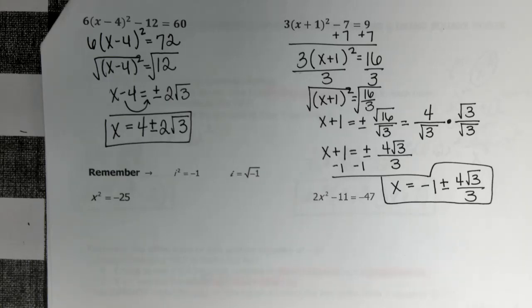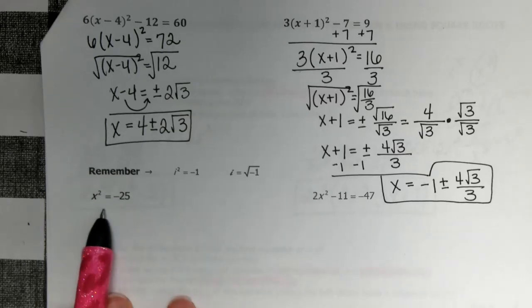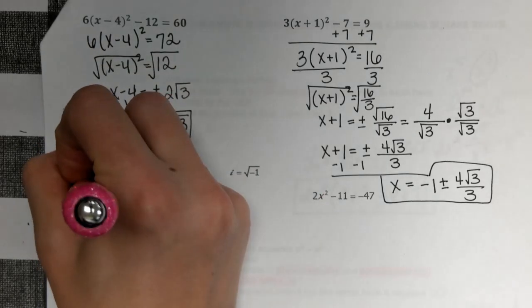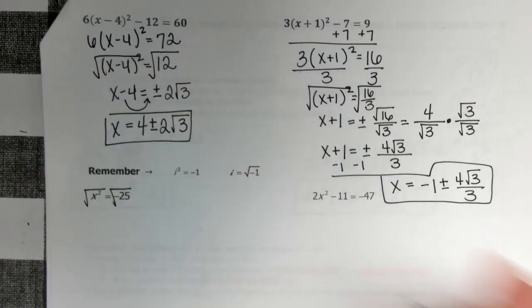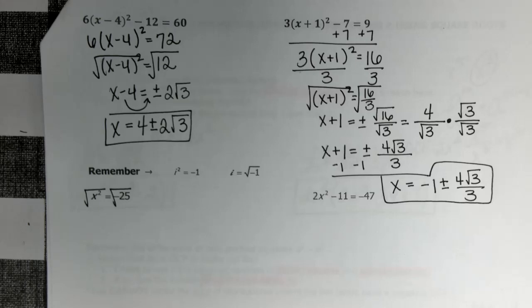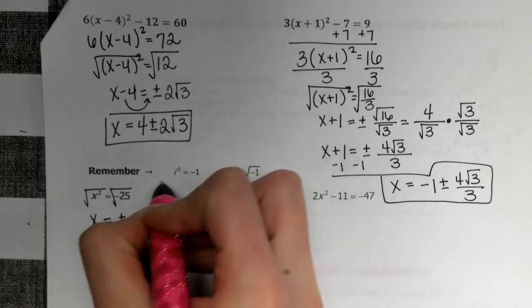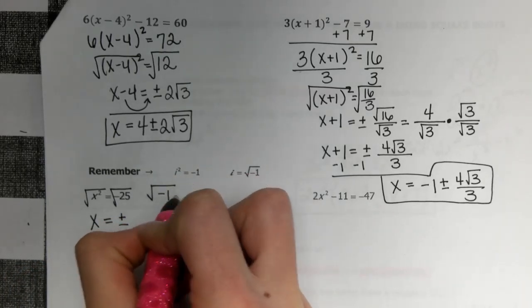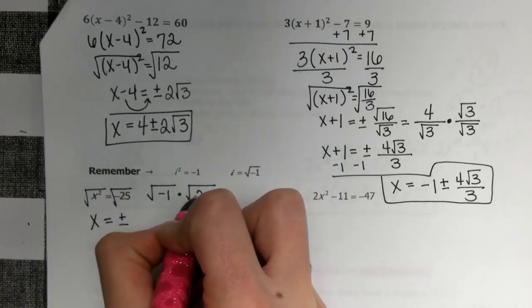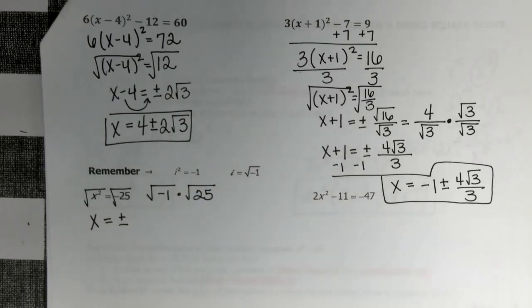Okay. Now, what if I take the square root of a negative? What do I get when I take the square root of a negative? An i. So, x equals, I still have plus or minus, but the square root of negative 25 is the same as square root of negative 1 times square root of 25.